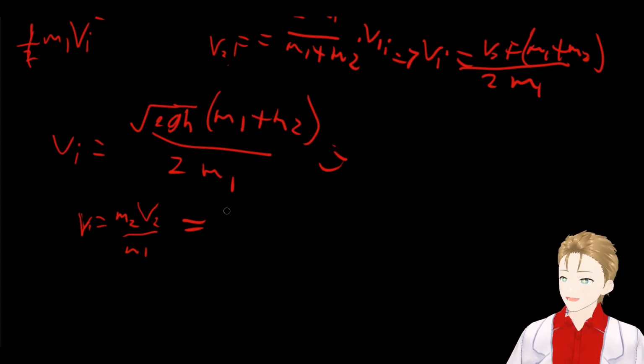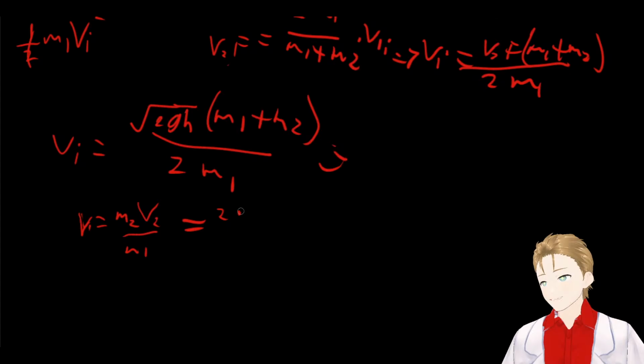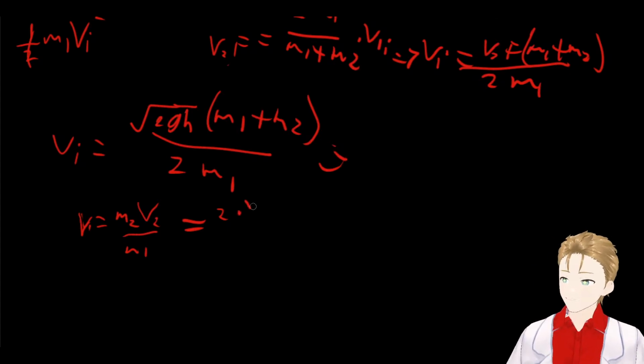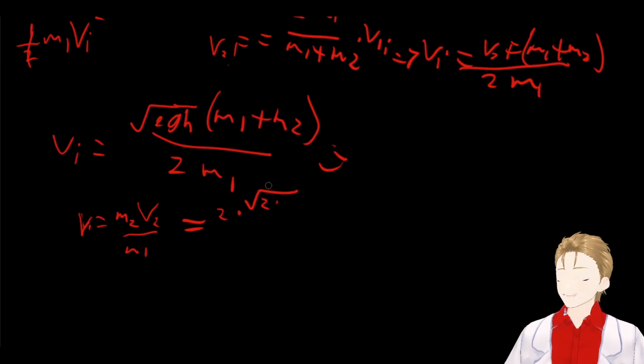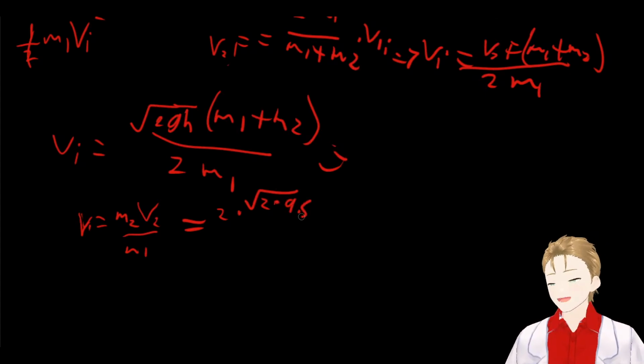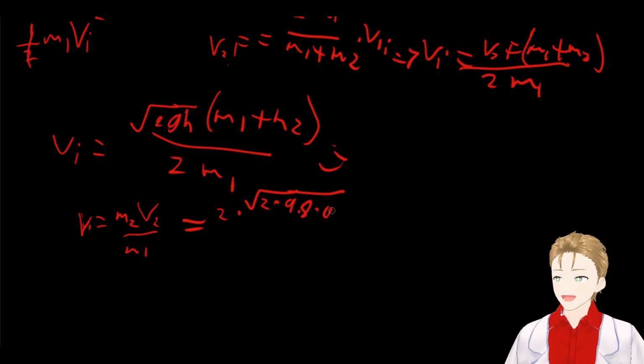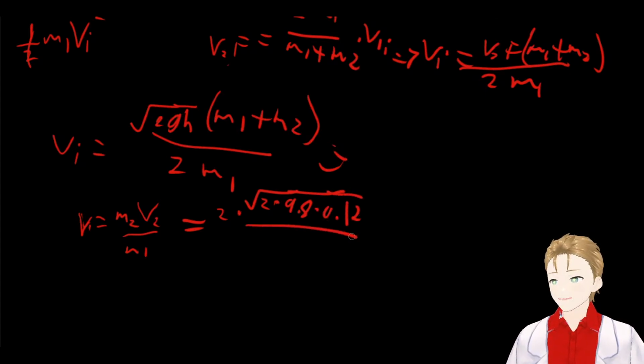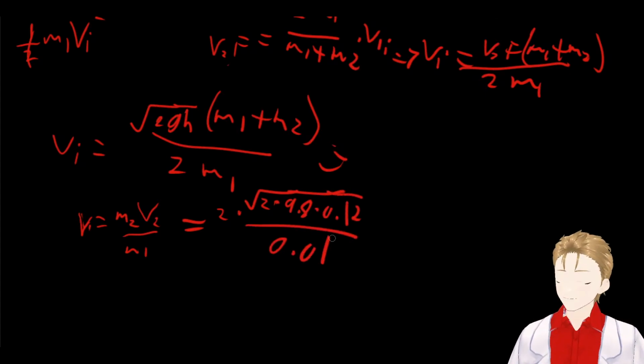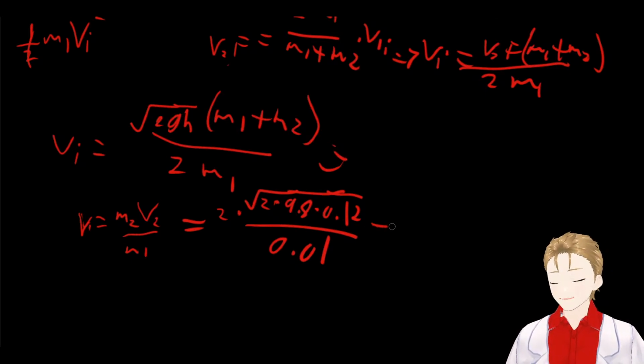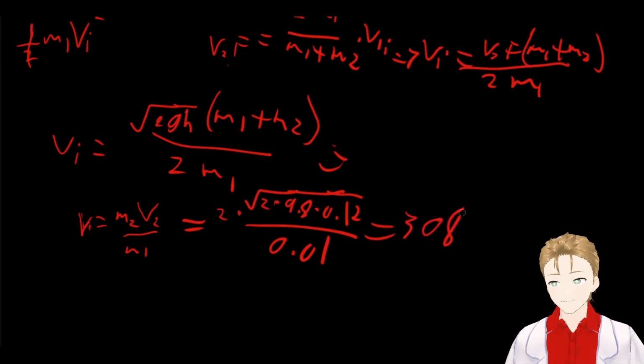I'm an absolute genius. So it is 2 times the square root of 2 times gravity, 9.81, times the height, along with 0.01 of the mass, which comes to about 308.